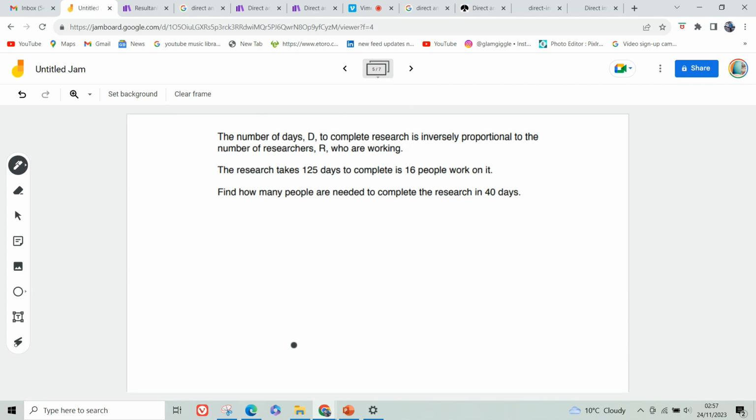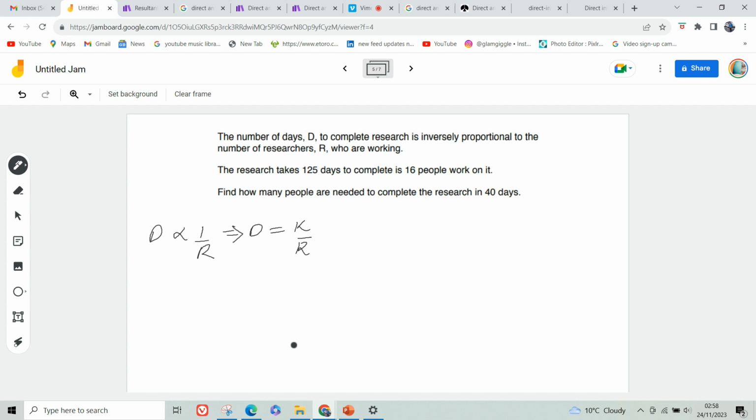The next question says that the number of days D to complete research is inversely proportional to the number of researchers R who are working. So D is inversely proportional to R means D equals K over R. The research takes 125 days to complete if 16 people work on it.